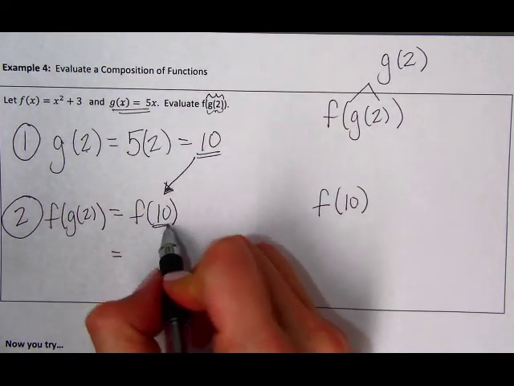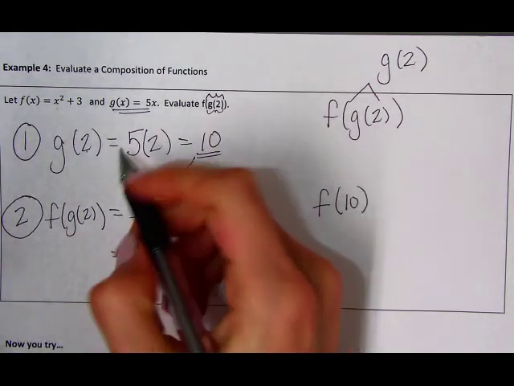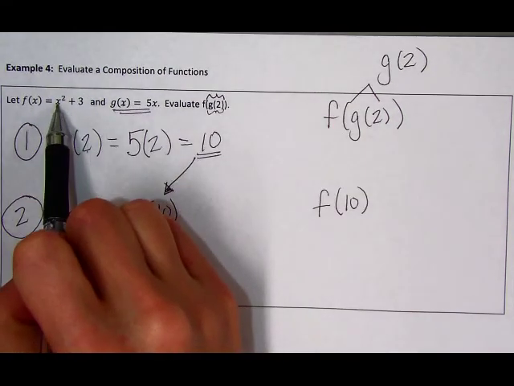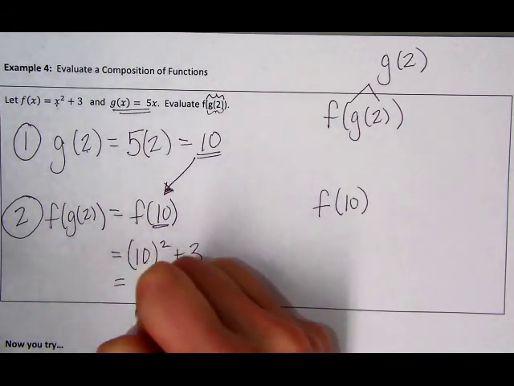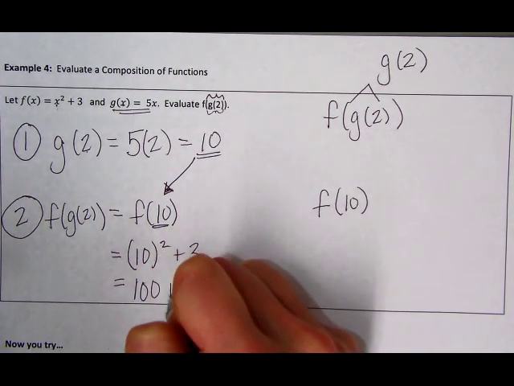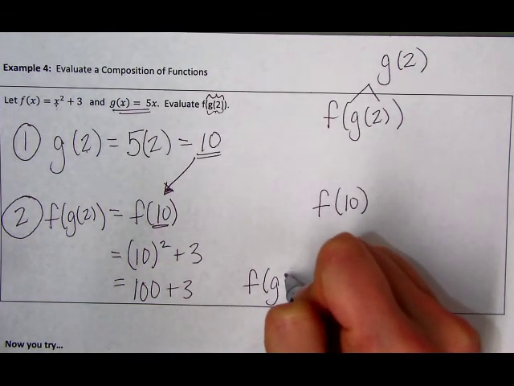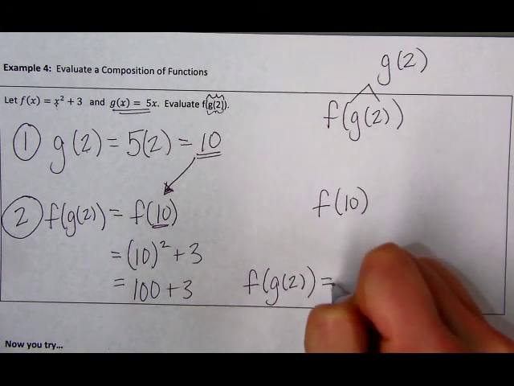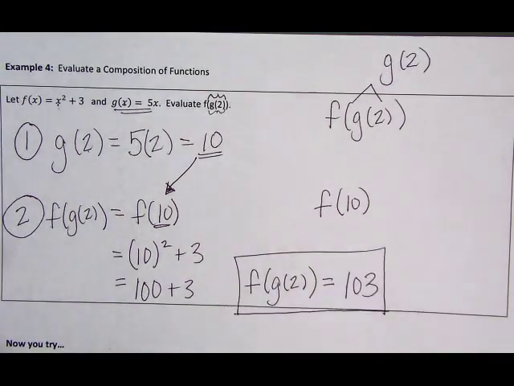Wherever you see an x in your f function, you're plugging in 10. So we replace x with 10 squared plus 3, which we know 10 squared is 100, plus 3. So f of g of 2 is equal to 103. And that's our final answer.